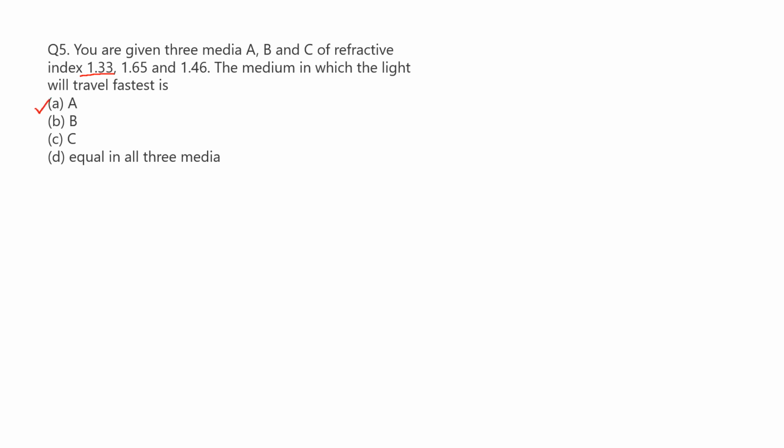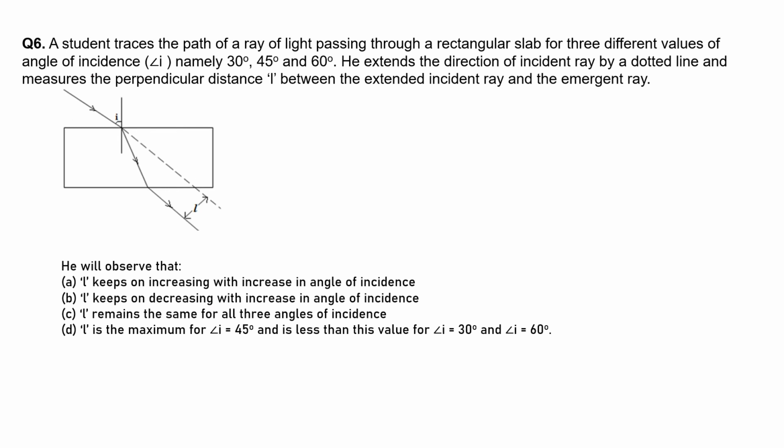Okay, children. Now coming to this: a student traces the path of a ray of light passing through a rectangular slab for three different values of angle of incidence. He has taken three different values of angle of incidence, that is 30, 45 and 60, right?